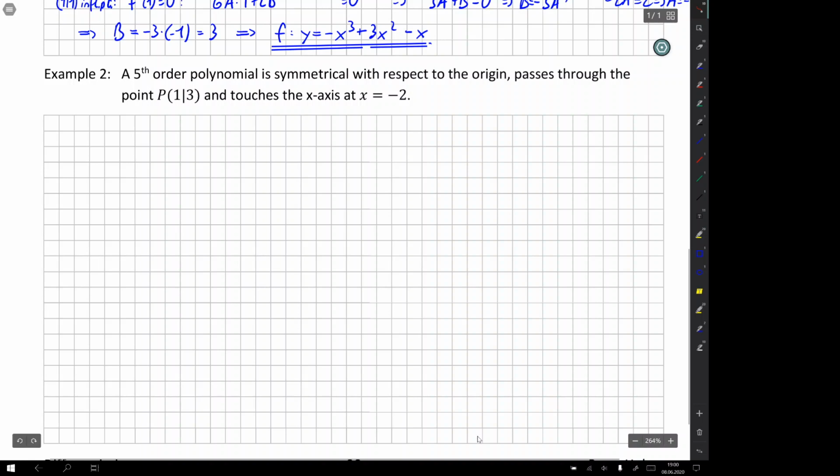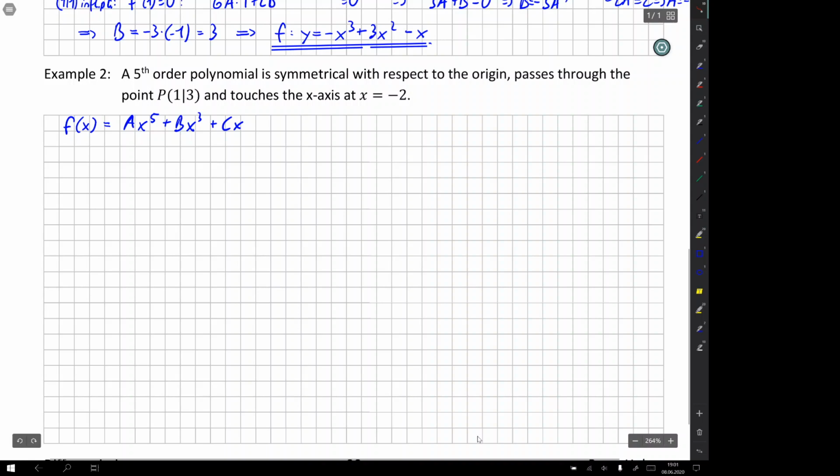We know it is symmetrical with respect to the origin, so we know there can be no terms with even exponents. So the general approach must be f of x is a times x to the power of 5 plus b x to the power of 3 plus cx.